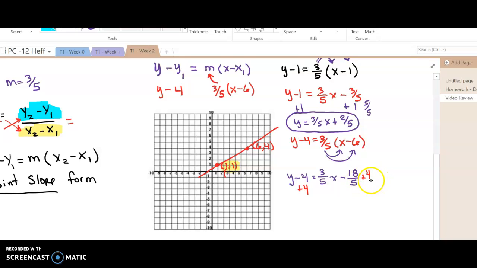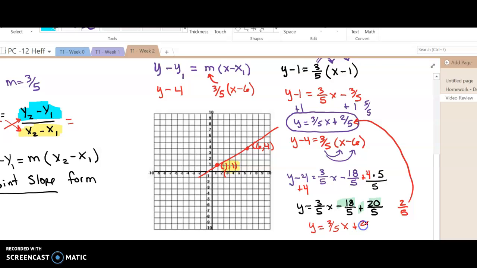We would need a common denominator, so I'm going to multiply the denominator by 5 and the numerator by 5. So really what I have is y equals 3/5 x minus 18/5 plus 20/5. Well, hopefully you can see that a negative 18 and a positive 20 is just going to give you 2/5. That's what we had before. In slope-intercept form, I still have y equals 3/5 x plus 2/5.